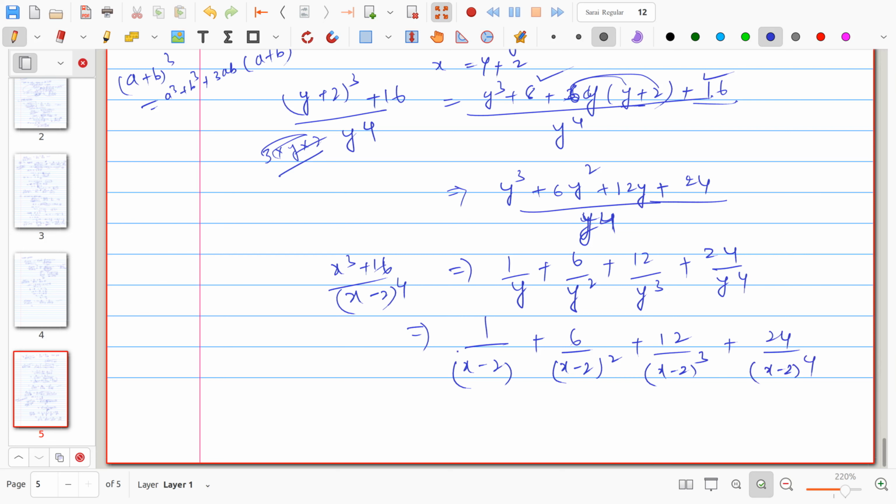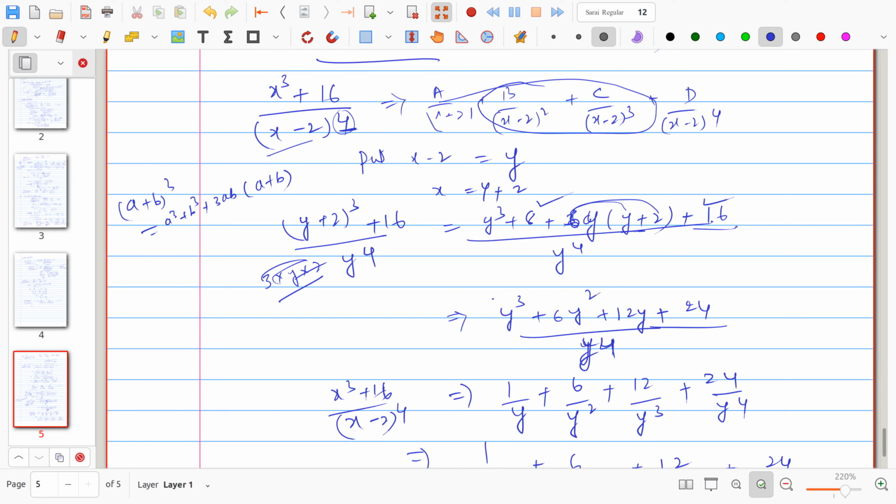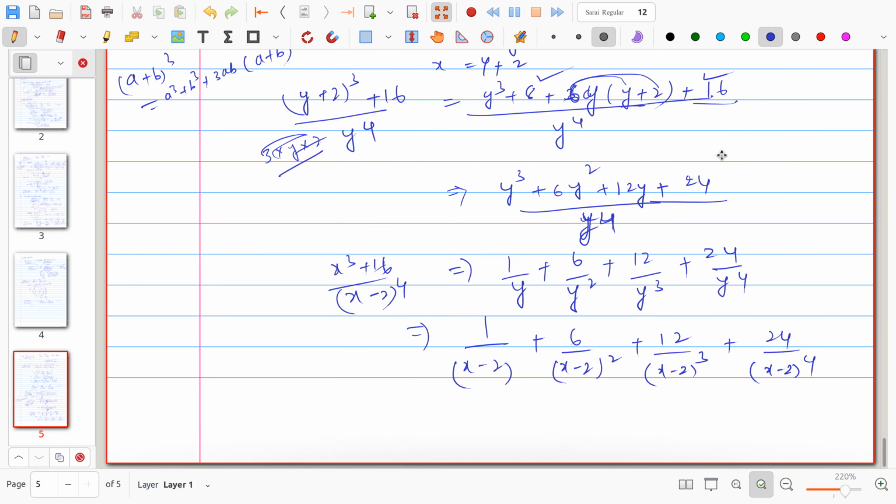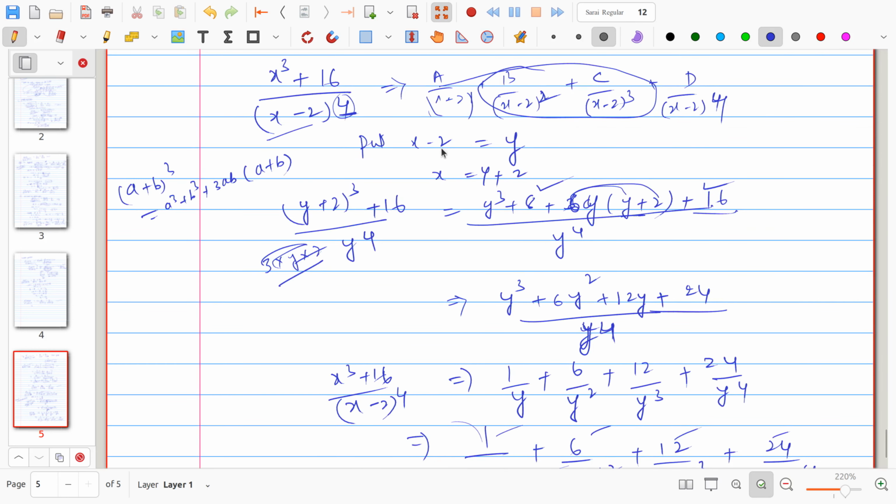Right. This equation is as we predicted previously. The equation becomes A divided by x minus 2, B divided by (x minus 2) whole square, and so on, up to (x minus 2) raised to 4. This is in the same form, right? This is in the same form, but here the values we can identify easily by assuming like this.